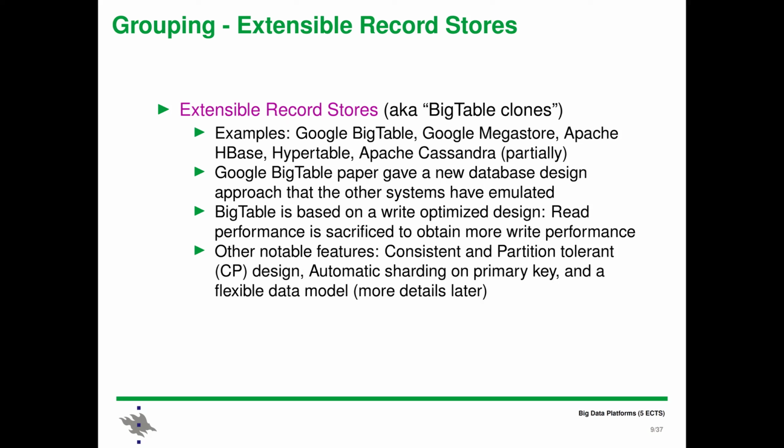The other part is that it is a CP system, so Bigtable and HBase and others listed here, except for Cassandra, are consistent and partition tolerant systems. They insist on the data being consistent across all the replicas of the database, and will basically put the database offline, or at least in a read-only mode, if you are not able to communicate between the different database servers in a database cluster.